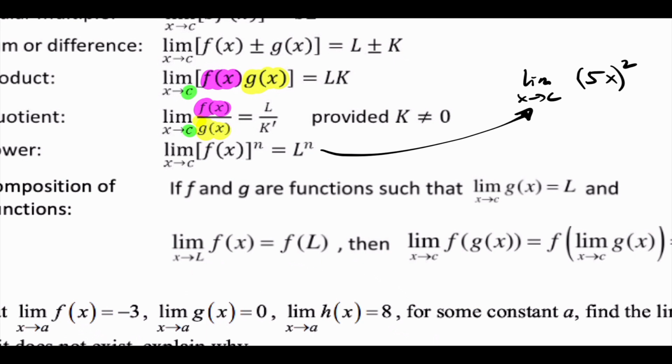That's what that says. You can find the limit for 5x, and then whatever answer you get, you can square it. Okay? You can square it. Or you can just find the limit of 5x squared, right? Because this guy right here is 25x squared. You could find the limit of that. It just gives you another kind of tool.